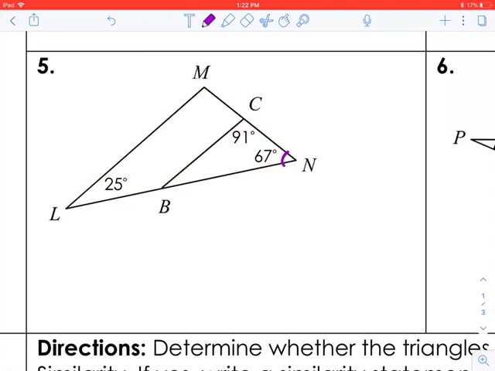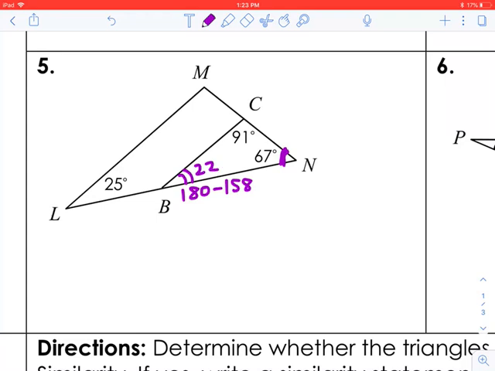So we've got 67 congruent to 67, and then I don't know what this other angle is, but 91 plus 67 in the small triangle is 158, and 180 minus 158 gives us that other angle, which is 22.